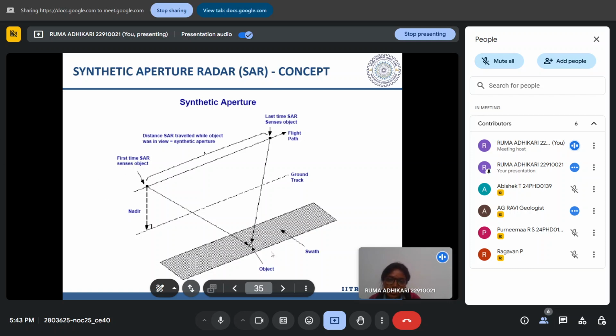Because from here to here it will measure this much distance, and it is all swath, because it will illuminate this much portion of the target, not only one line. It will hit this point also, and in between. This is called the total swath. And we'll see why this distance is important.